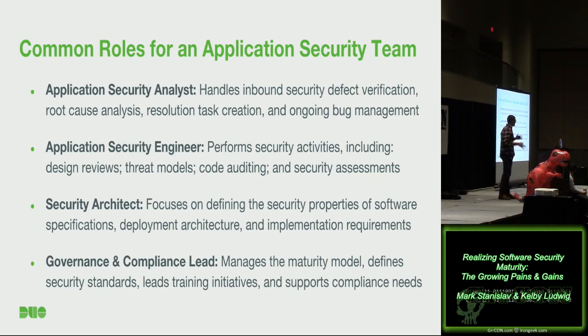These are the lower level in the weeds roles. Collectively, they are handling all security defects that come from internal sources or third-party sources. They're doing the root cause analysis of these bugs, determining how things are remediated and if they're remediated well as well as just managing the entire bug life cycle.